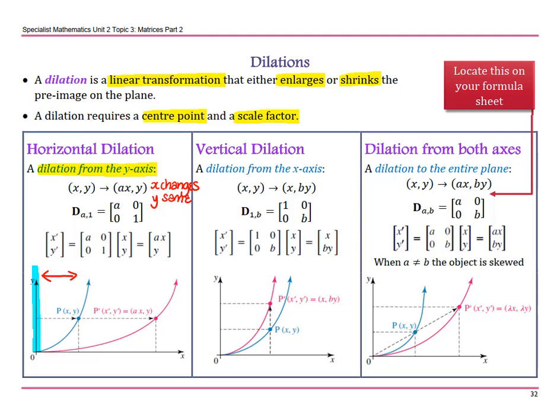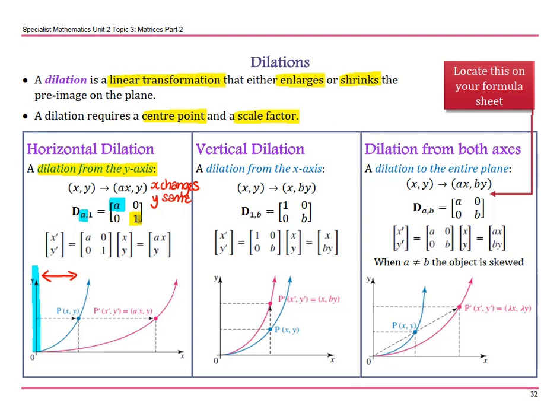I have decided to go with D A 1, where A is the dilation in x, and then the 1 is y stays the same. So the dilation is A from the y-axis, which means my x value is changing. Your y value is staying the same. So that's why there is a 1 there.